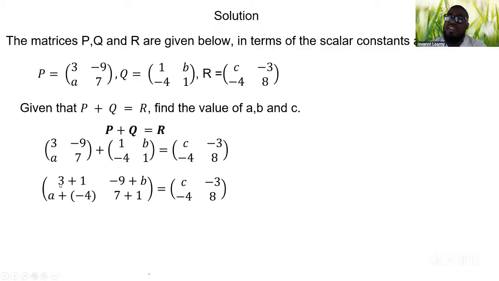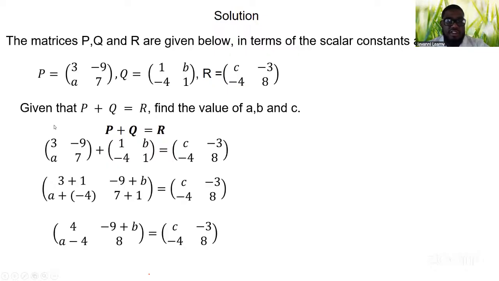So we add 3 plus 1, -9 plus B, A plus -4, 7 plus 1, and all of that is equal to what you're seeing on the screen right now. So what do you think the value of C is, based on my last line right here? What is the value of C? How do I find the value of C?